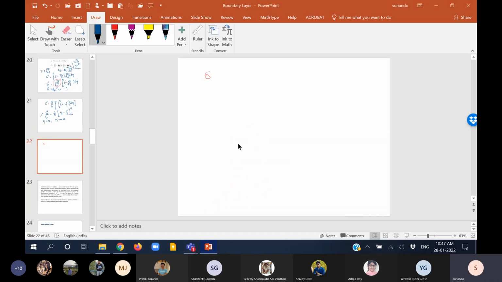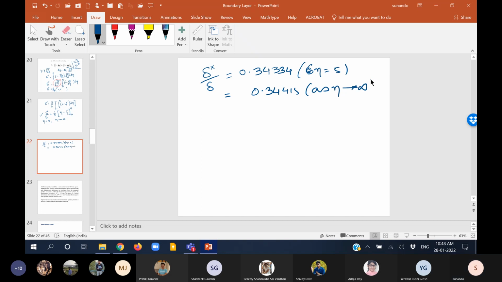So the answer for the first part, delta star by delta, would be equal to 0.34334 for eta equals 5 and equal to 0.34415 as eta tends to infinity.